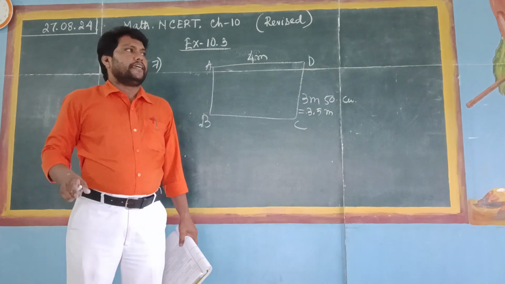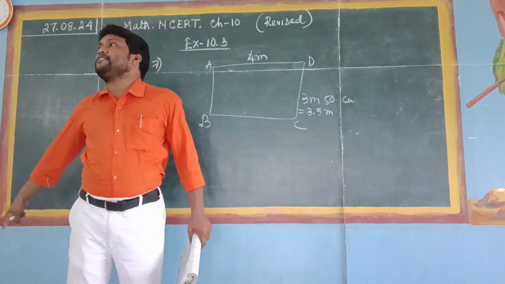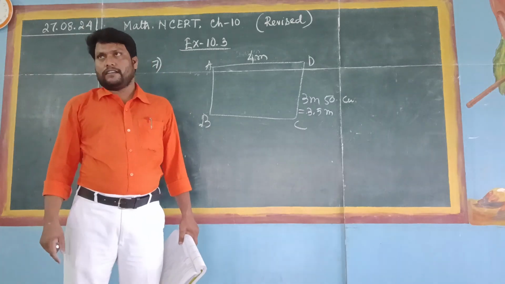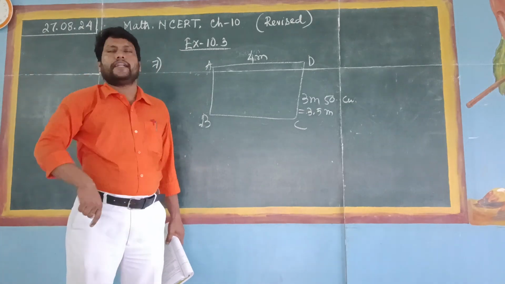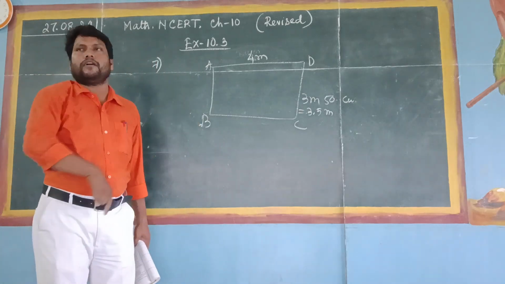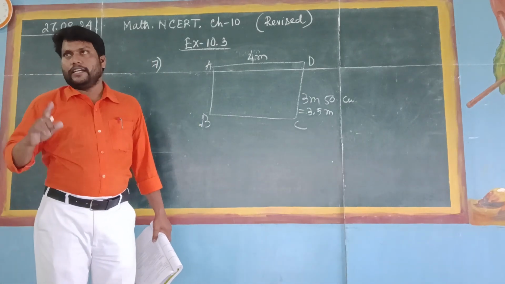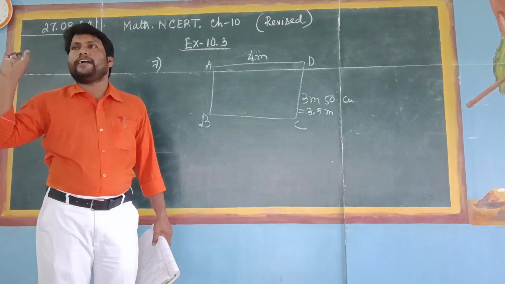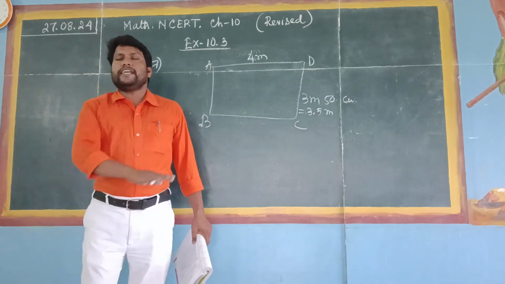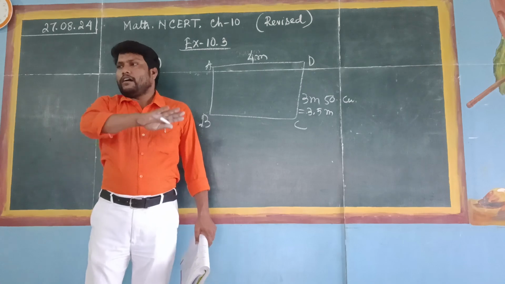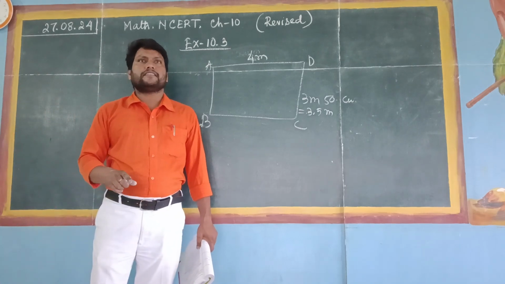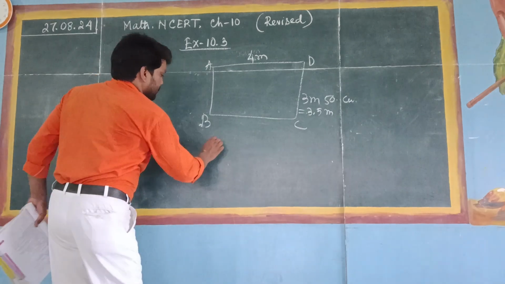But when you find the perimeter, that means total boundary, for fencing the boundary of a rectangular, circular or square shape. In that case you will find the perimeter. But in this case, how many carpets are needed to cover the floor? That means area.